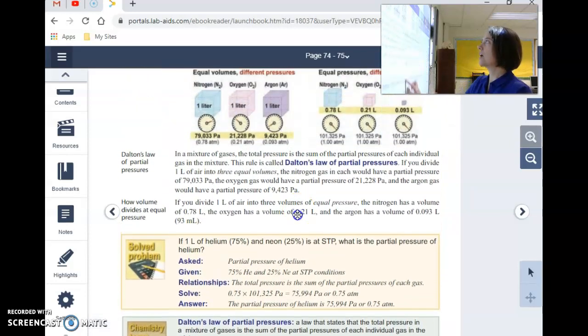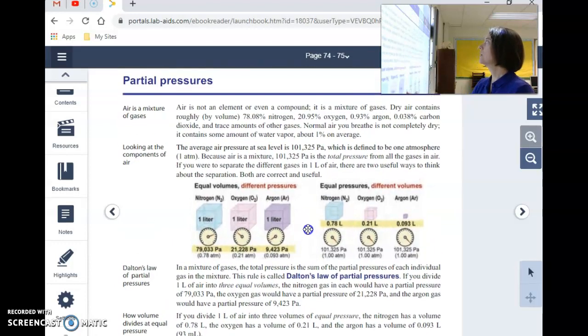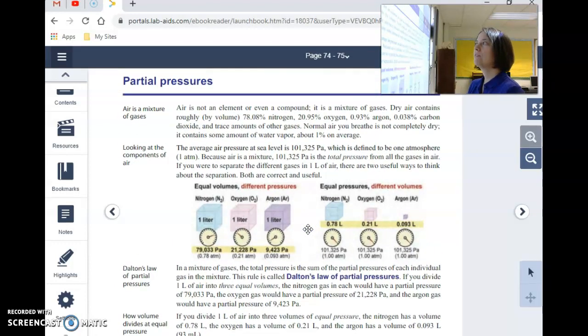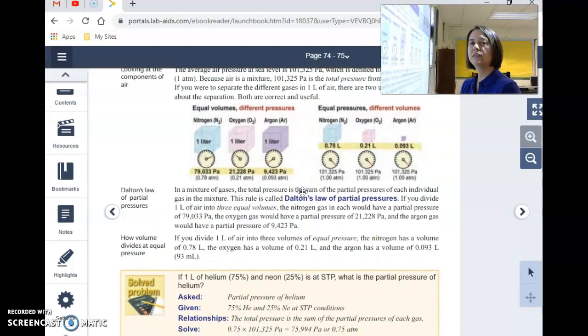Let's look at a picture that illustrates this. So in air, we have 78% nitrogen, 20% oxygen, and about 1% argon. Since they have different percentages and different amounts, they're going to have different masses. So we can't have equal pressure and equal volume because we have different masses of each of those 3 different gases found in air.